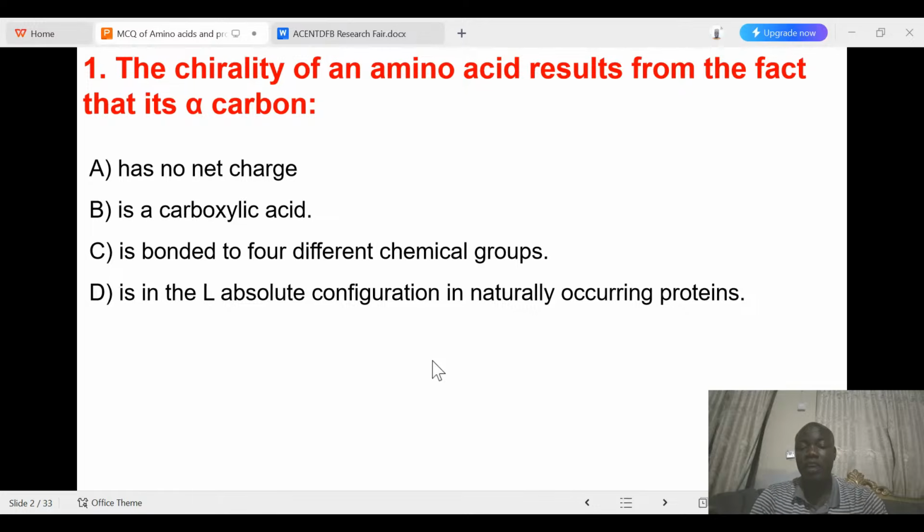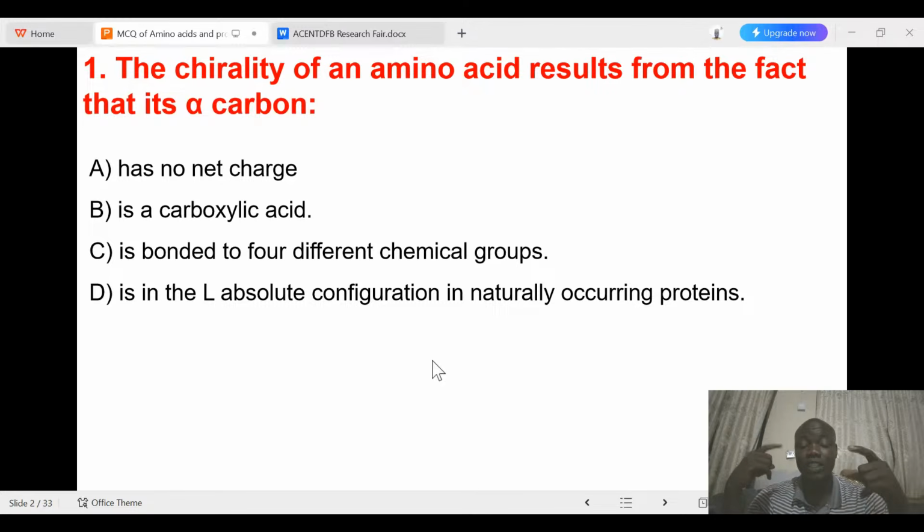Okay, Raquel Anzaku says the answer is C. Yes, correct. The answer is C. So any amino acid having four different groups attached to its carbon is described as having a chiral alpha carbon.